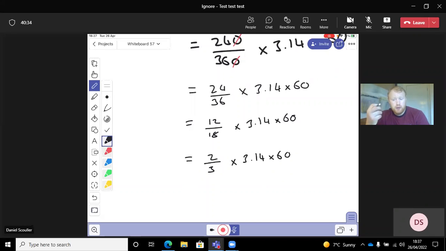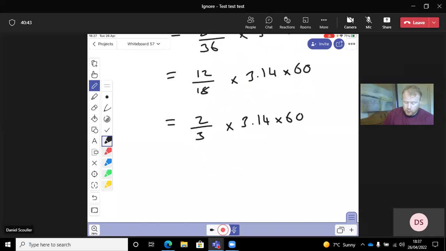And now it becomes a case of how you order your sum, what order you do it in. Remember, we can do this multiplication in any order we want. So I can do 60 divided by 3. So I can have 2 times 3.14 multiplied by 20.